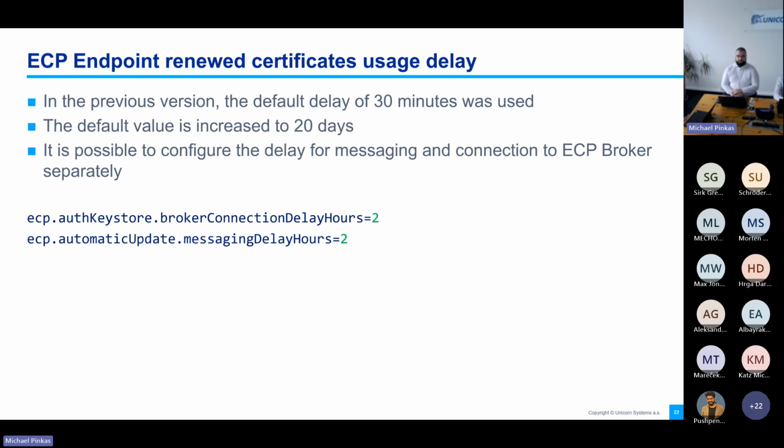The value is defined in hours, so by default it is 480. And it is possible to configure different values for the out key store that is used to connect to the ECP broker, to the central ECP broker, and a separate value for the messaging.